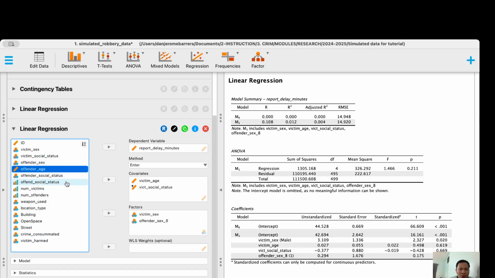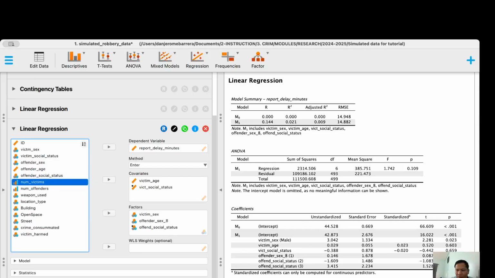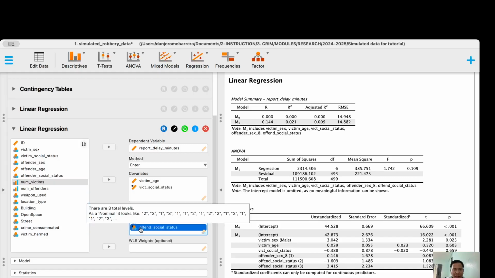Now let's add more. How about offender social status? Let's add it to factors. There's no relationship again between offender social status and the reporting delay.